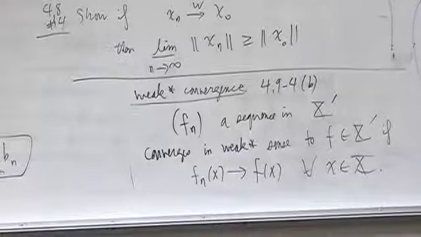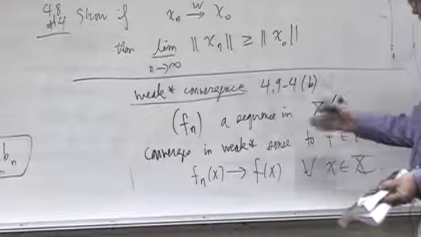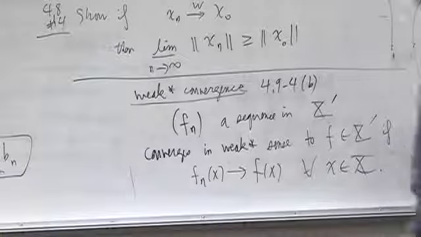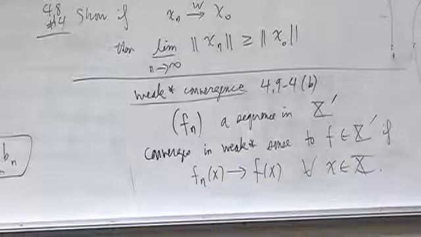So that's not the same thing as strong convergence. Strong convergence means that the norm of the difference is going to 0, which is a uniform convergence. This is a pointwise convergence idea. You've seen that in the study of continuous functions and uniform convergence versus pointwise convergence.